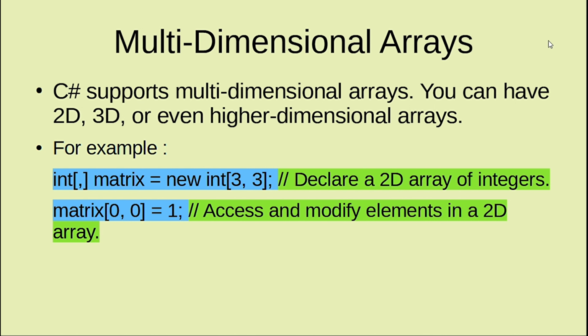For example, if we have to declare a 2-dimensional array of integers, we use the data type int, square bracket open, comma, square bracket close. The comma between these two indicates that we are declaring a 2-dimensional array. If we have one more comma in the square brackets, then it's a 3-dimensional array, and so on. We can keep on increasing.